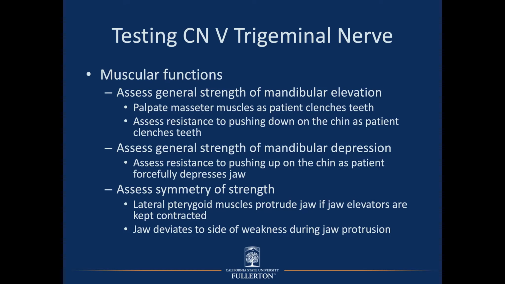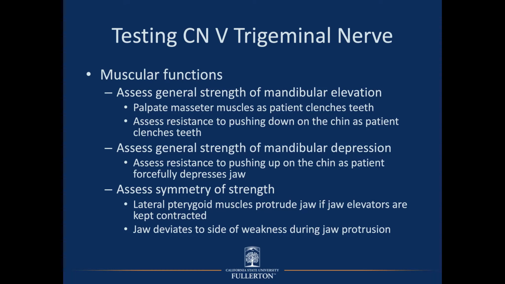In other words, the jaw is going to deviate to the side of the weakness of a lateral pterygoid that is weak. So it's easy to test the symmetry of the strength by jaw protrusion.